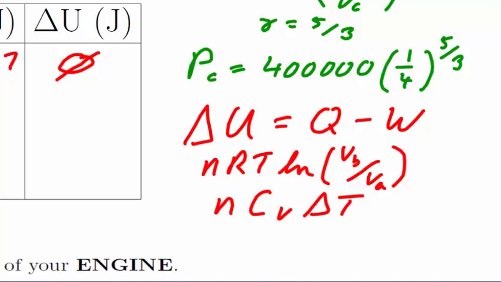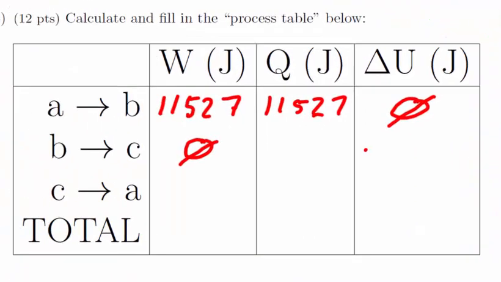Notice, please, that in getting from B to C, the final point is C. Thus, in the process B goes to C, the temperature has dropped, and therefore the change in internal energy is a negative number. Furthermore, since C sub V for a monatomic ideal gas is 3/2 the ideal gas constant, we are able to plug in 2 moles, 3/2 the ideal gas constant, times the quantity 198 Kelvin minus 500 Kelvin to get a change in internal energy of negative 7533 joules.